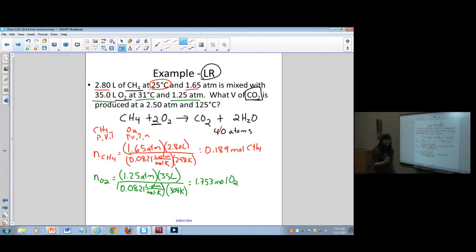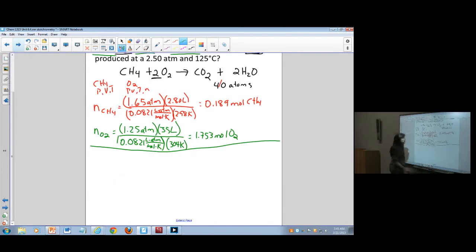Now this is a limiting reagent problem, so I have to go to a product. You compare the two reactants to the same product so you can decide what's limiting. All I've done so far is figure out how many moles of reactants we started with.